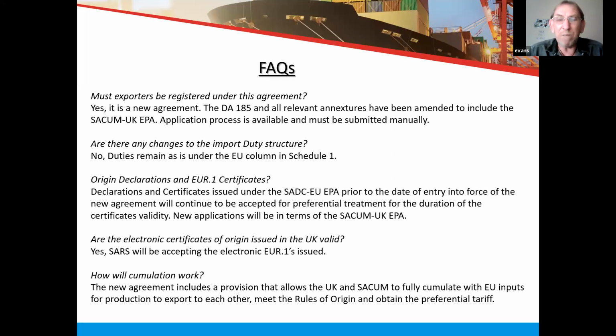So Euro 1s as a physical document that needs to be stamped and couriered and presented might be looking at the end of its lifetime. I'm not quite sure if all the countries would agree with that. I think countries would still want to maintain some sort of control over those documents, but that's something for the future.